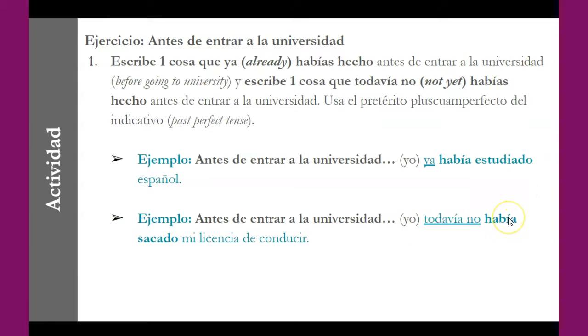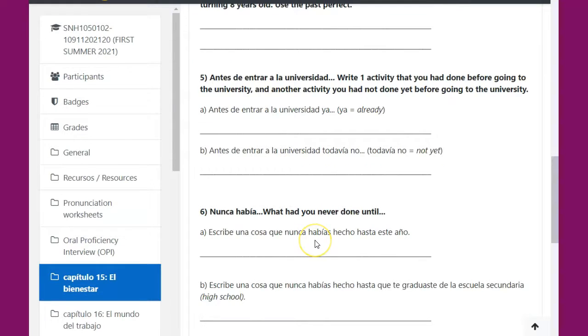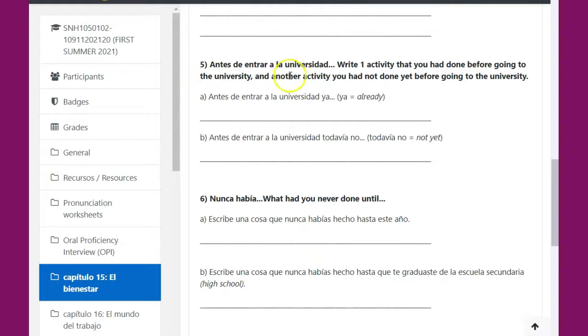I had not got my driver's license. So I'm saying that before entering university, I had not yet got my driver's license. And then share them, not in the chat, sorry, just in here as you learn number 5.